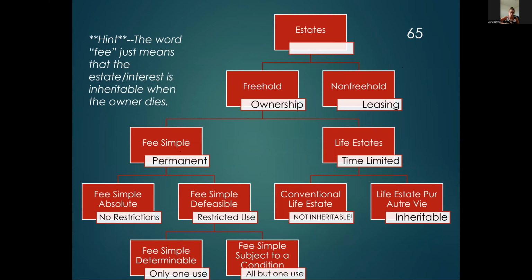Look at this chart. Don't it look pretty? Isn't it beautiful down there? This, by the way, is all the different types of freehold ownership, meaning I own the property, right here.